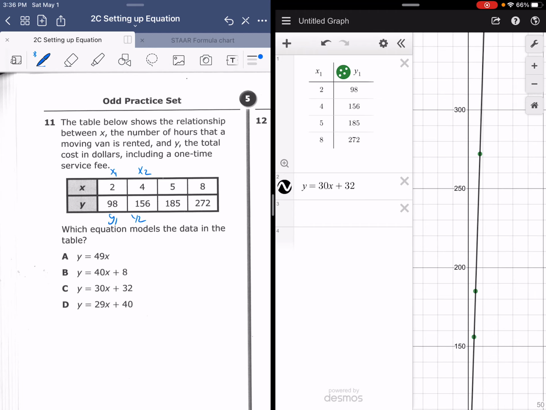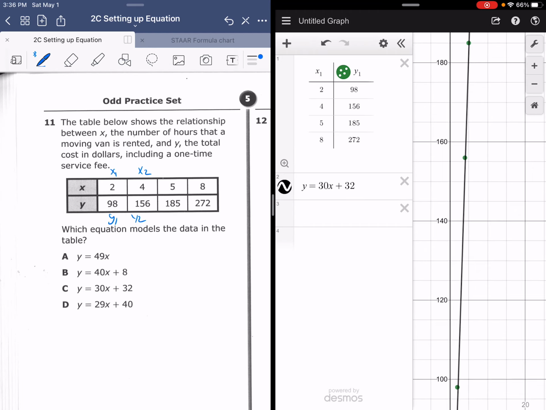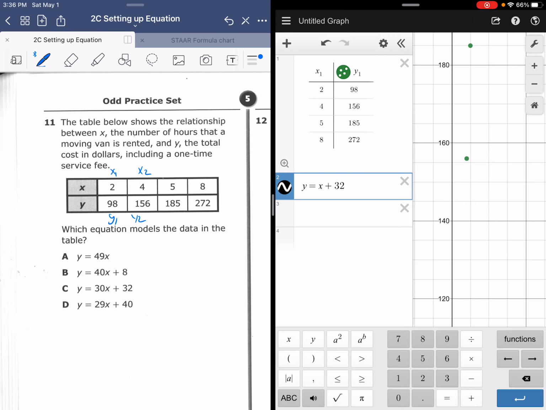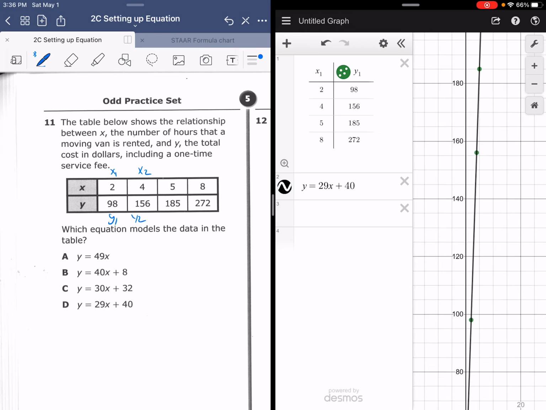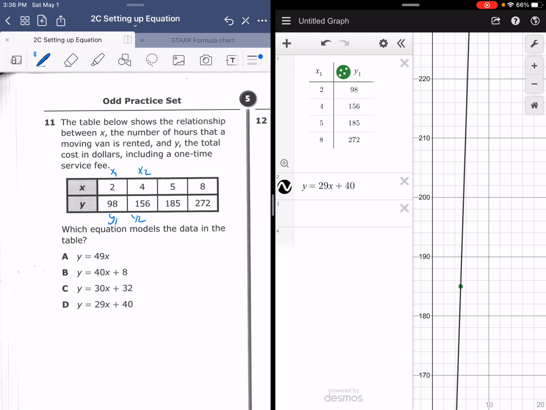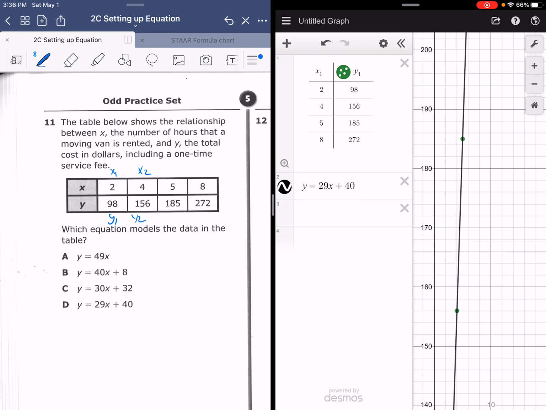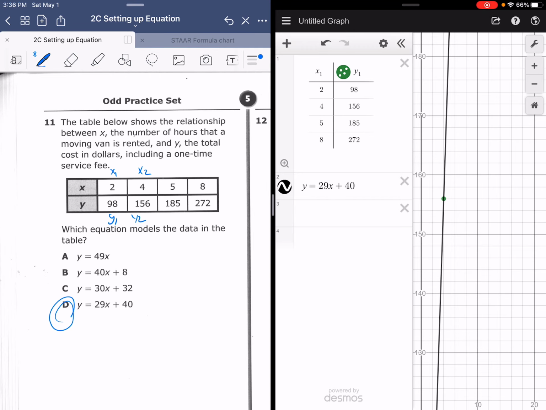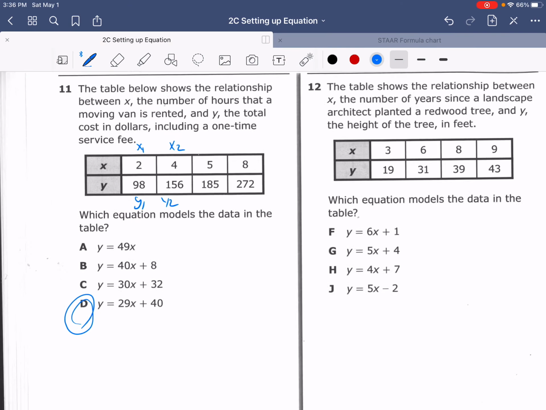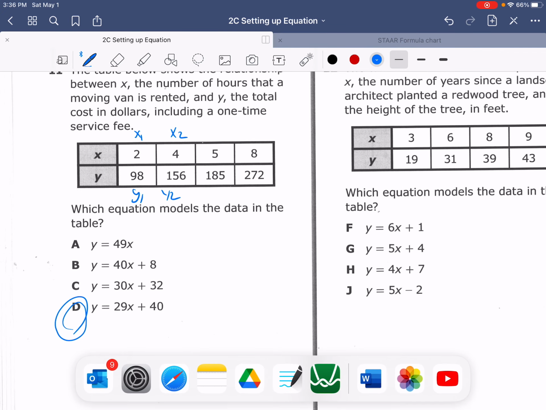Yeah, I think so. Everything touches perfectly, but just in case, let me do something else. Oh, but this one is the answer, because do you see this one touches exactly in the middle for everything? So the answer is going to be D. Wow, this one is something.